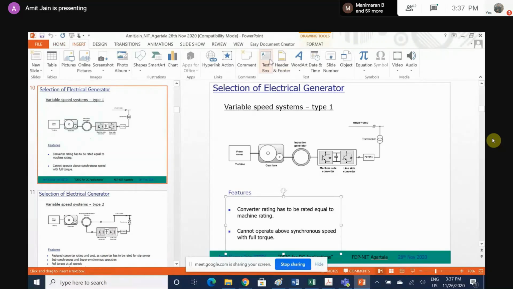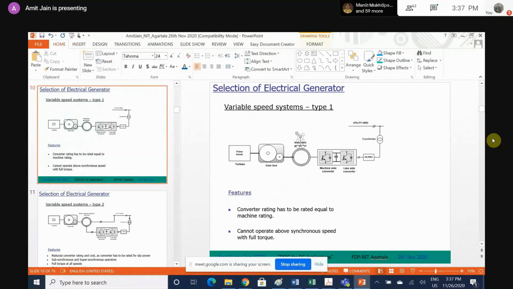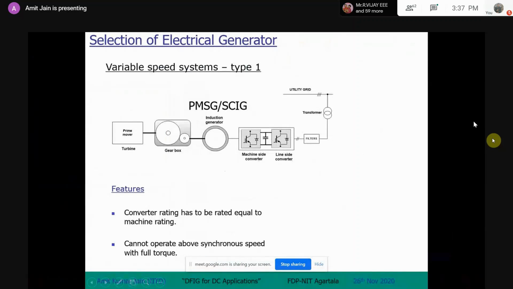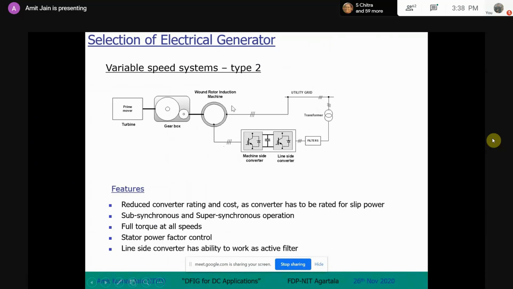Nowadays PMSG, what you call, or SCIG. If you talk about this kind of systems, you only have stator windings, and in PMSM you have a permanent magnet on the rotor side, but in a squirrel cage it is a shorted rotor, right?